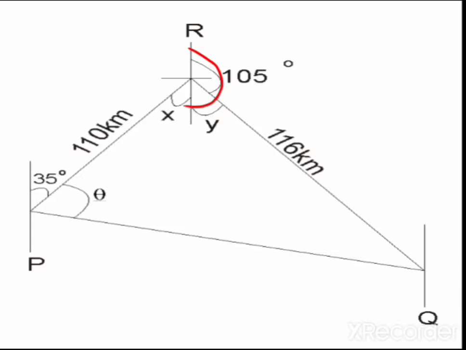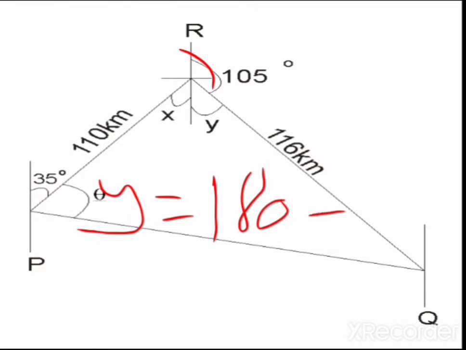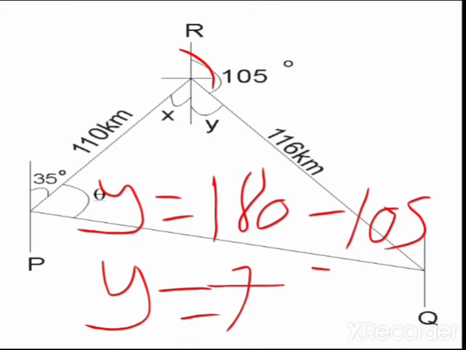Since this entire angle is 180 degrees, they have cut 105 from it. So what is remaining is Y. To get Y, we simply do Y equals 180 minus 105. So the value of Y is simply 75. So Y is equal to 75 degrees.